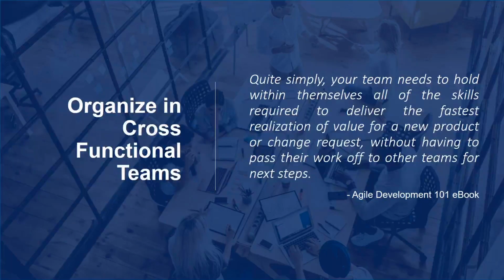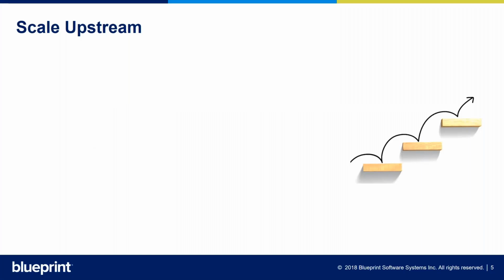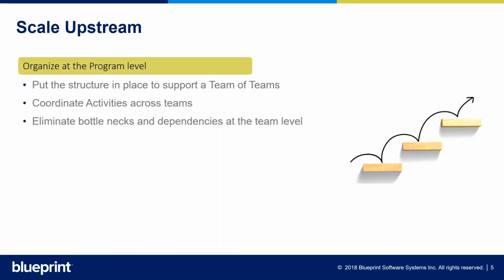Okay, great. Let's move on to the next slide of how to scale upstream. So once you have your teams organized, I think the first step is to organize at that program level. And what that really means is putting in a structure, practices, and support to manage coordination across teams. There basically needs to be a group of people in your organization who are managing at that team of teams level to make sure dependencies are being dealt with.